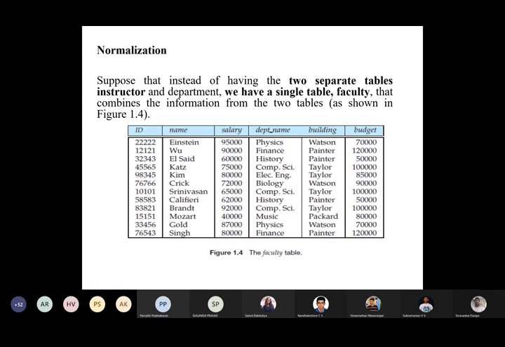We have a simple relation. You have a faculty table with attributes: faculty ID, name, salary, department name, building, and budget.